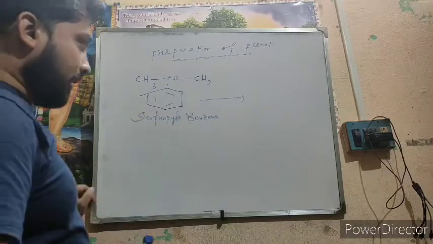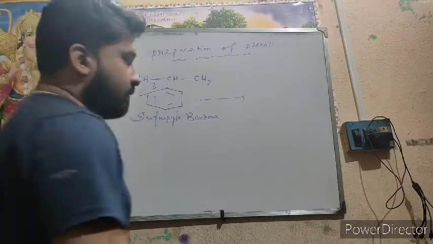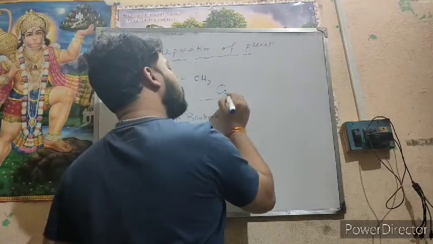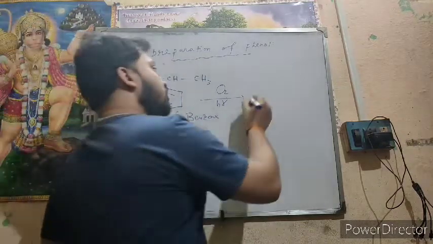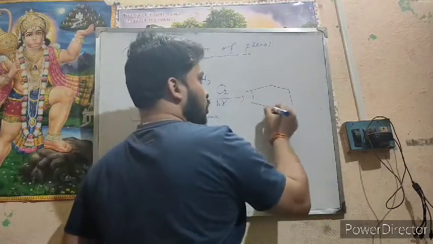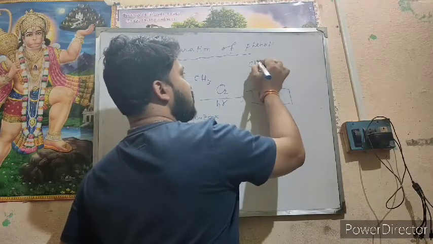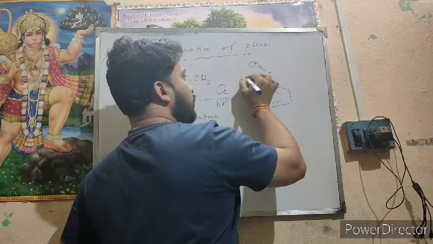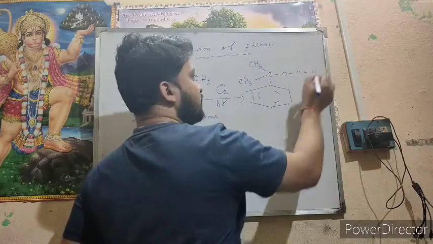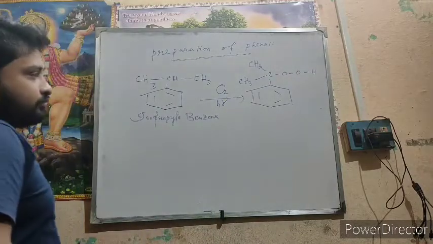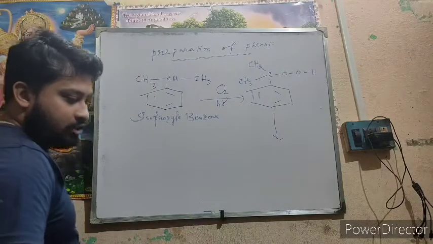When this isopropyl benzene reacts with oxygen and h nu, you get cumene hydroperoxide, C6H5C(CH3)2OOH. This is the product after reacting with oxygen and h nu.